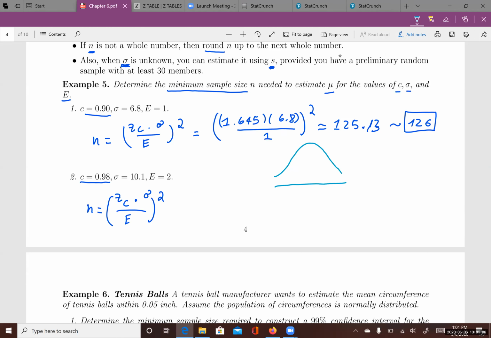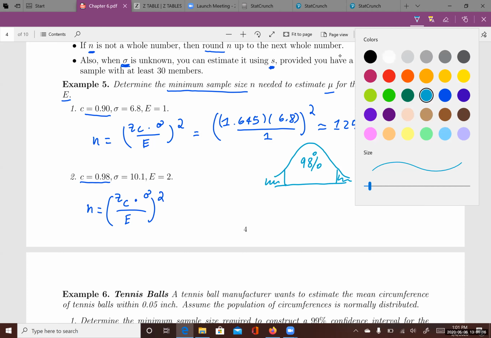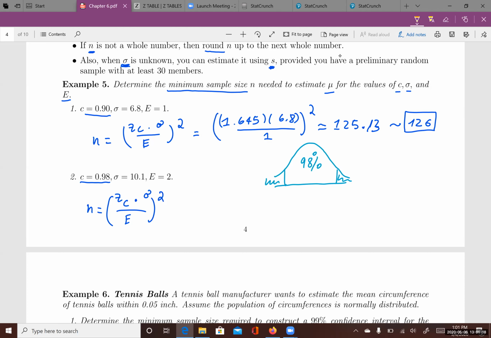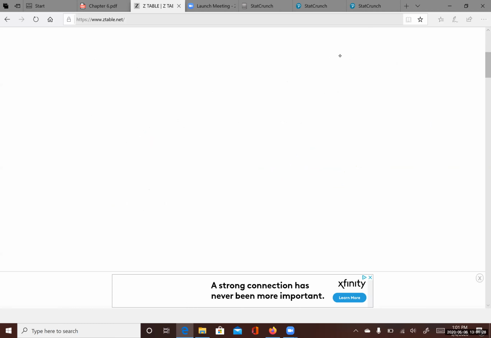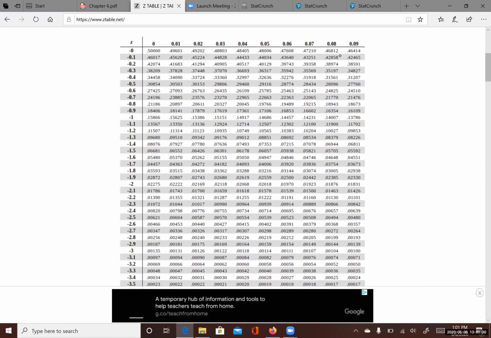And if you draw a normal distribution, if you know that 98% is the probability in the middle, then the percentage on the right and on the left should be 0.01, right? 1%, 1% is 2%. Well, if we know that it is 0.01, then we can go to the Z table to find that value, 0.01.